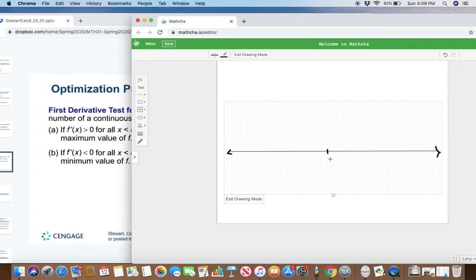Somewhere here is c. If to the left of c, f prime is positive, what does that mean? Your function is increasing. To the right of c, f prime is negative. What does that mean? Your function is decreasing. So increasing and then decreasing. That gives me c to give me a maximum.